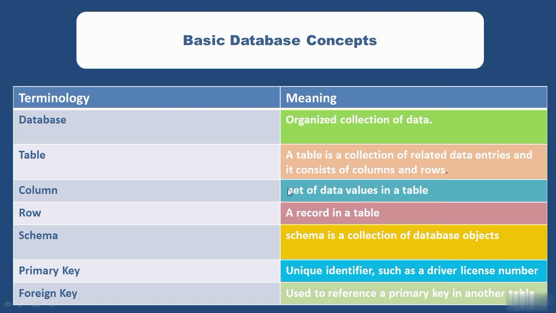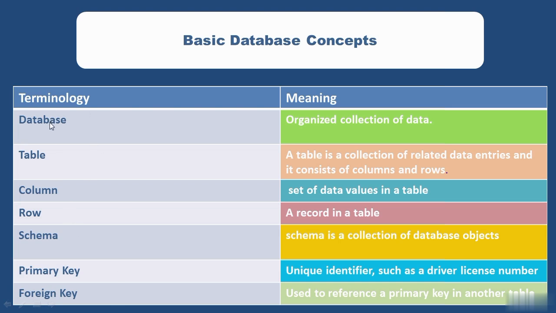This table here is similar to what a database table is. So the columns are horizontal. For example, this word terminology can be referred to as a column, and this word meaning can be referred to as a column. The rows, these rows are going vertical.